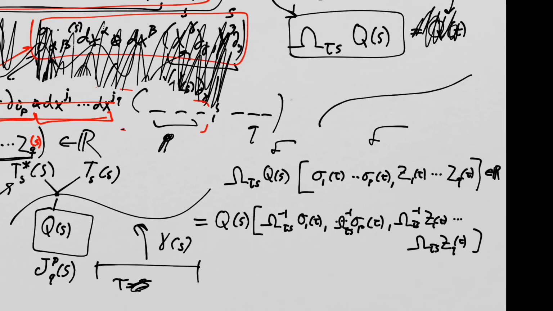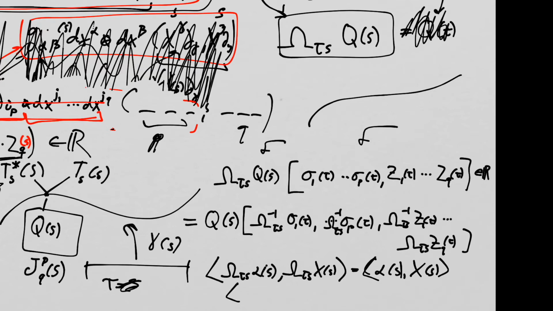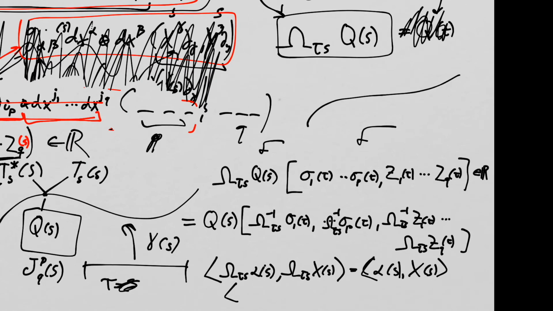In fact, it's for one forms, the idea that if you go back to one forms and you write down Ts of alpha starting at S acting on omega Ts of X starting on S, that has to equal alpha at S, X at S. You could also interpret that as omega Ts acting on alpha of S times X acting on T equals alpha of S Ts inverse X on T, like that.